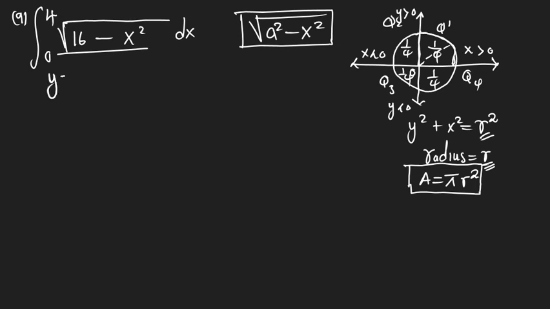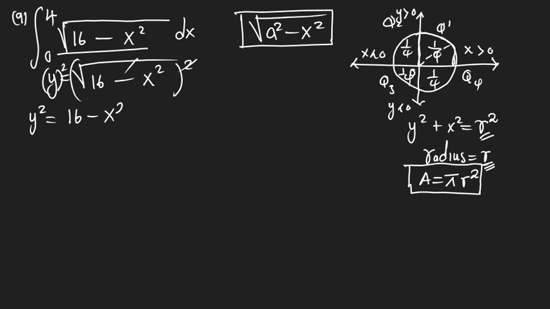So y is equal to the root of 16 minus x to the power 2. I want to show you something. Squaring both sides, y to the power 2 is equal to 16 minus x to the power 2.